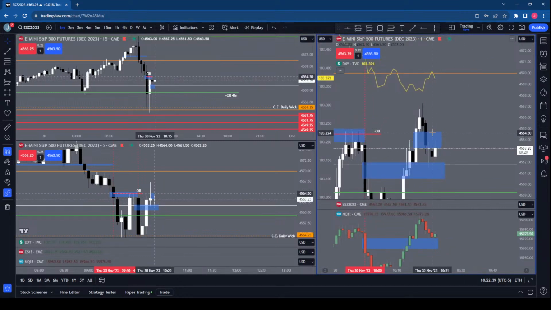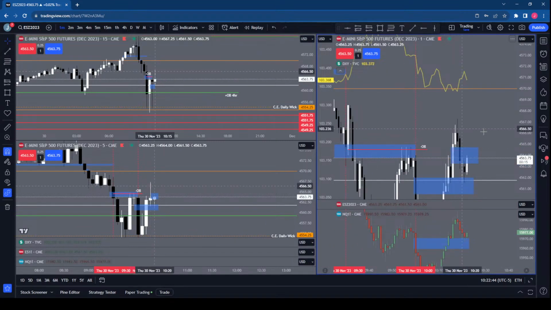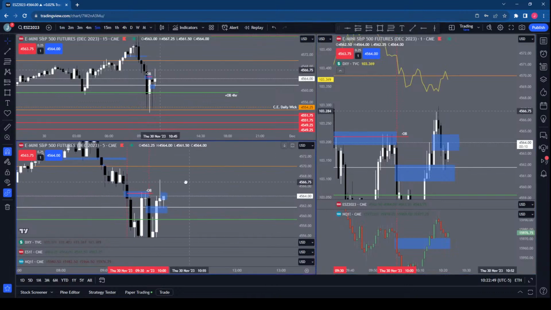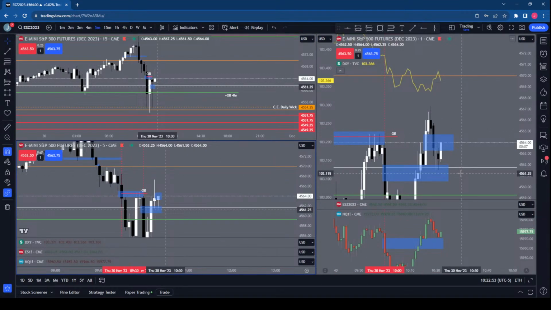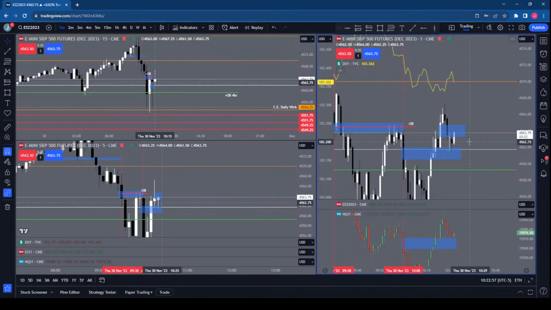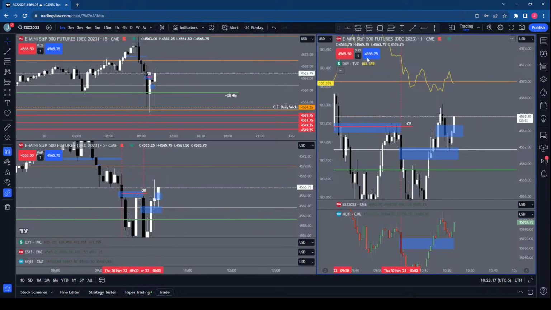But if we close back above this fair value gap, I'd fancy the idea of re-entering long. So let's see what happens. It would have to close.